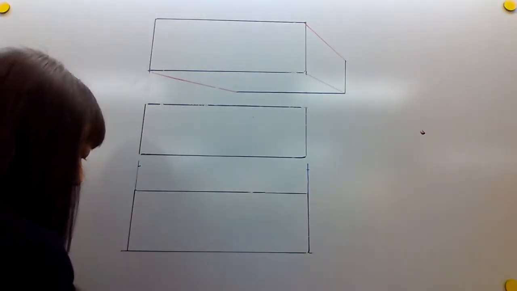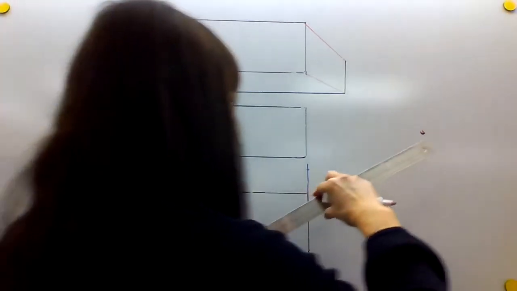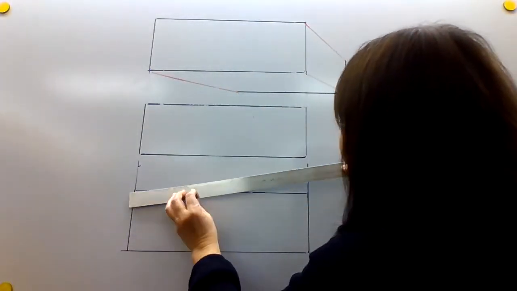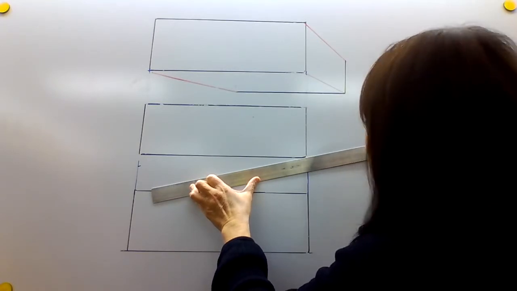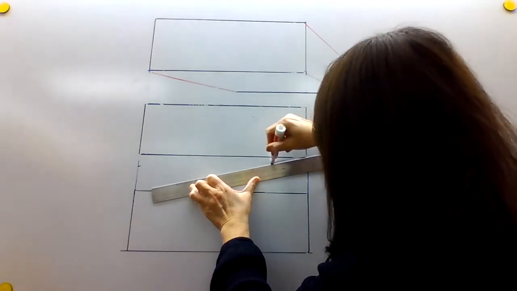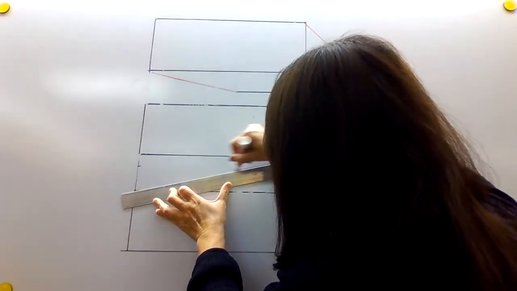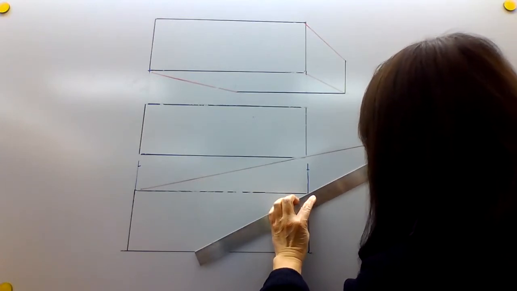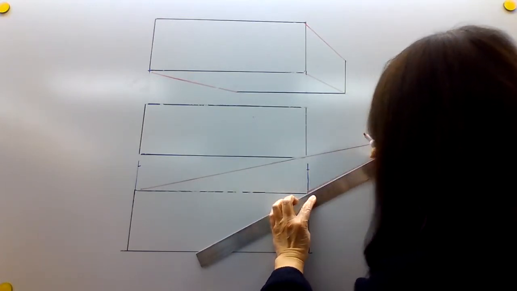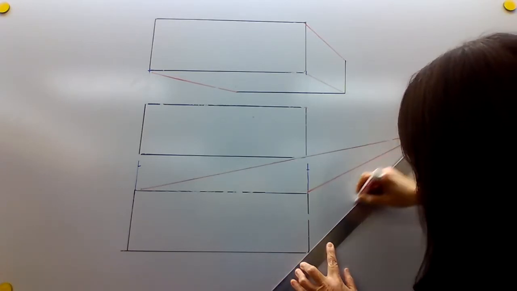I forgot to add the first perspective lines here. That's not good. So let's draw the perspective lines first. We always have to do that. Okay. Here you go. Yeah, you do that first. And just 3 corners like that.